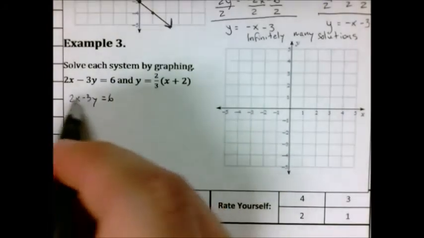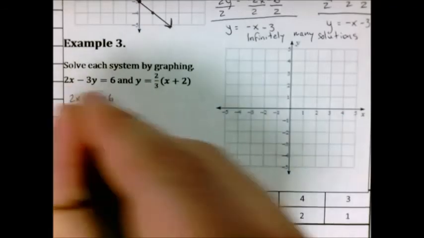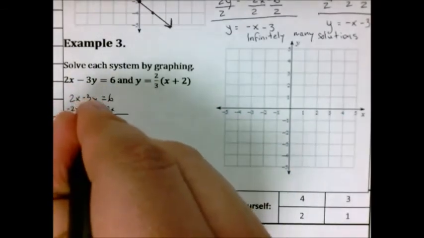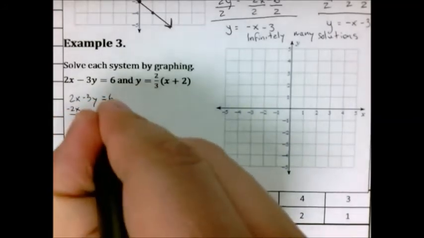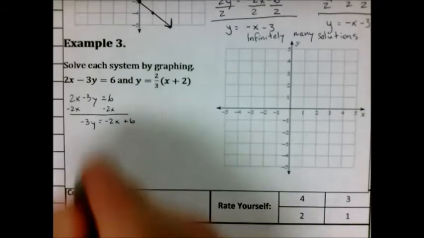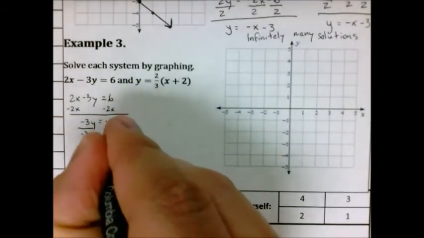Okay, so we're going to go ahead and just solve for y on this first equation by subtracting 2x from both sides. And that'll leave us with negative 3y is equal to negative 2x plus 6. Then we just divide by a negative 3 to each term.